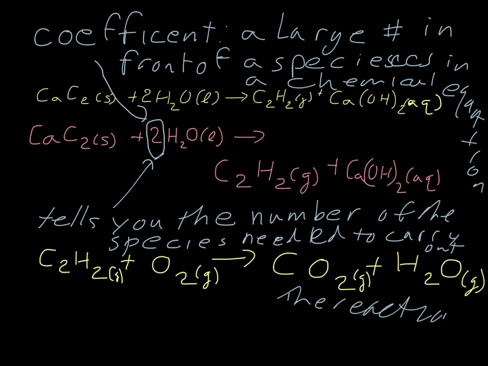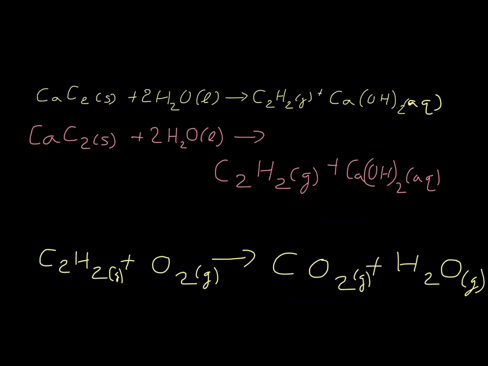Another way of thinking of these coefficients is that a coefficient gives you the ratio of the species in the problem. In other words, we can think of this 2 here as telling me that I need 2 molecules of water for every 1 molecule of calcium carbide I have. Or another way of thinking of it is, to carry out this chemical reaction, I need 2 moles of water for every 1 mole of calcium carbide.